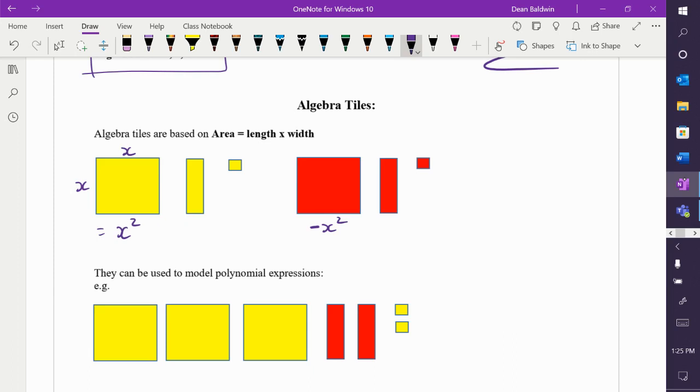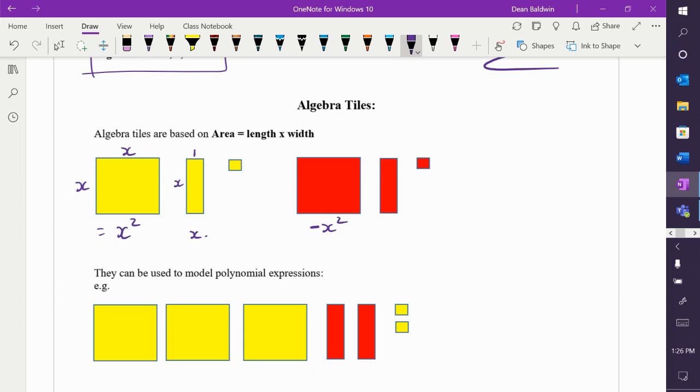This rectangle has a side x and a width of 1. What does it represent if I ask for the area of it? x times 1, which is just x. So a rectangle that is lightly colored or yellow represents x.